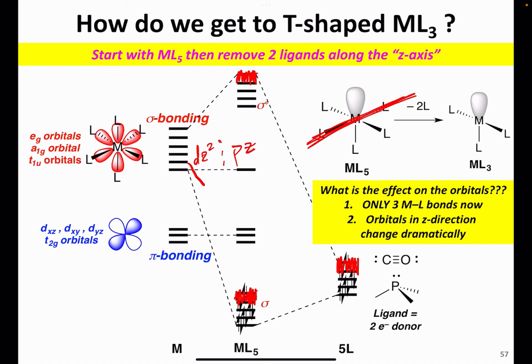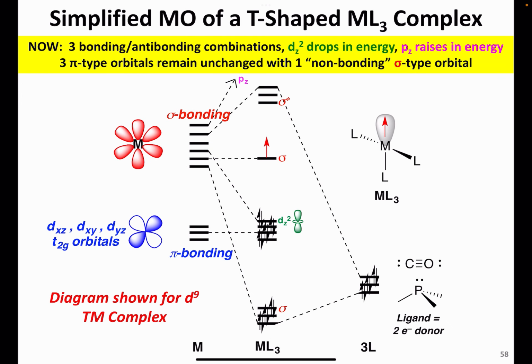And so that orbital is going to drop in energy. If we're in the first row of the transition metal series, the PZ orbital is a 4p orbital. That's going to go way up in energy. And so what we're going to deal with now is a molecular orbital diagram of a T-shaped ML3 compound that looks exactly like this. Notice again, the DZ squared orbital dropped dramatically in energy. The PZ orbital went way up in energy.